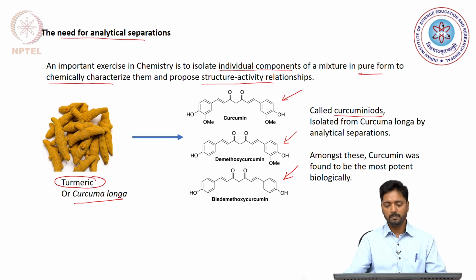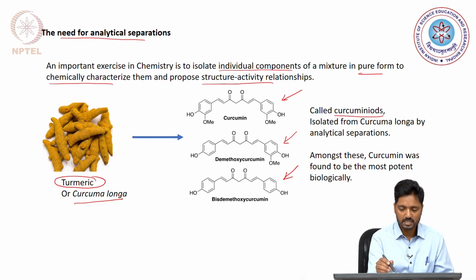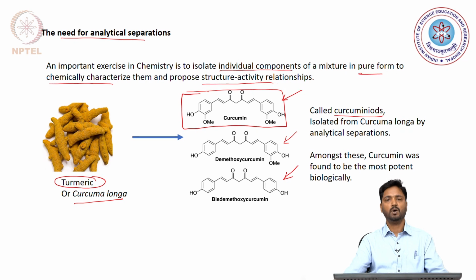So, when people isolated these 3 curcuminoids, they studied the biological activity of these compounds, and ultimately what they figured out is that this first compound, shown here in the box, supposedly has the most potent biological activity, whether it is anti-cancer or anti-infection activities.